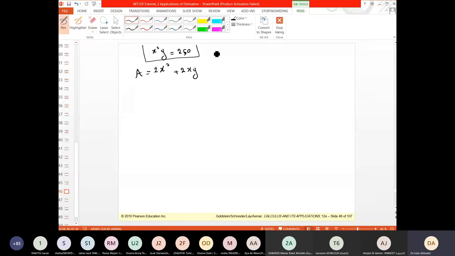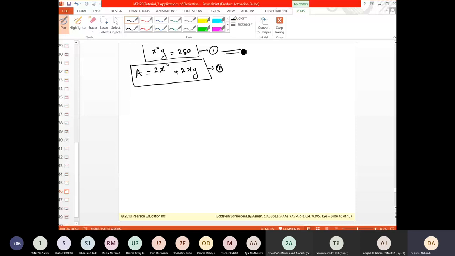This is my equation number 1, and this is my equation number 2. From this, I get y equal to 250 over x squared, and I'm gonna call it equation number 3.